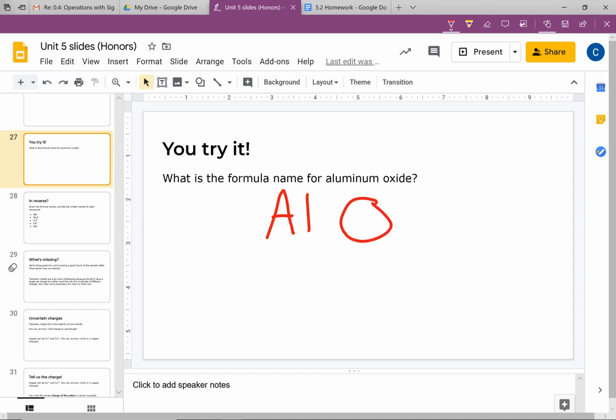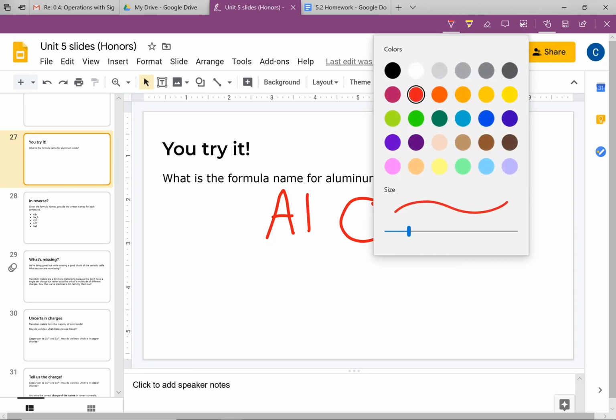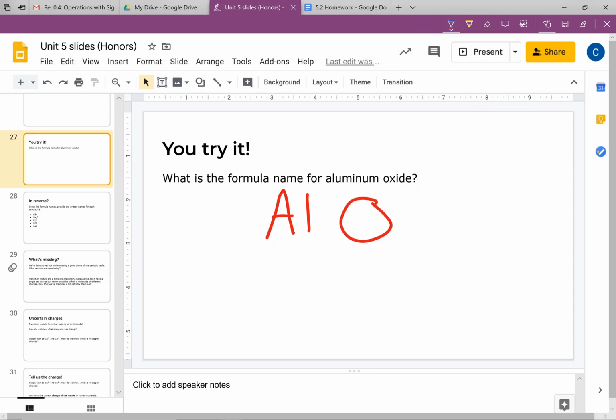And we know we have oxygen, or the oxide ions. Now, if we come down to the charges here, we just said that aluminum was 3+, right? What's oxygen? Yeah, oxygen is 2-.